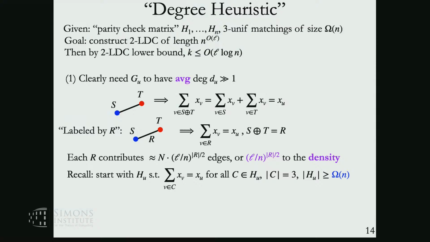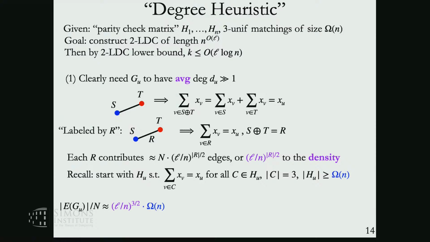So now let's recall. We started with a bunch of parity check equations. So why don't I just use them here to define these edges? I can simply start with the hypergraph H_U and look at all these parity check equations for C in H_U. These are size 3 parity check equations. I have omega n of them. Okay, now I can just go through this calculation and see what L I need to choose to make my average degree large.